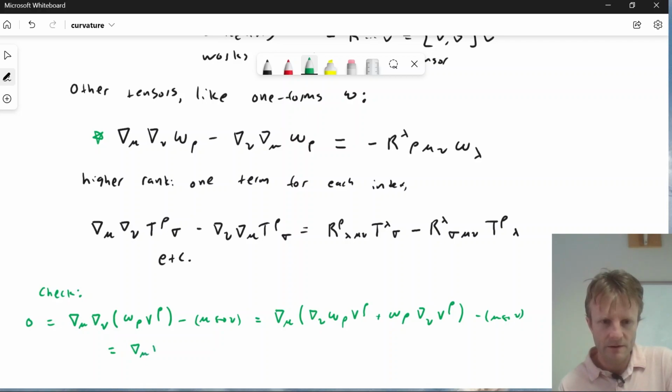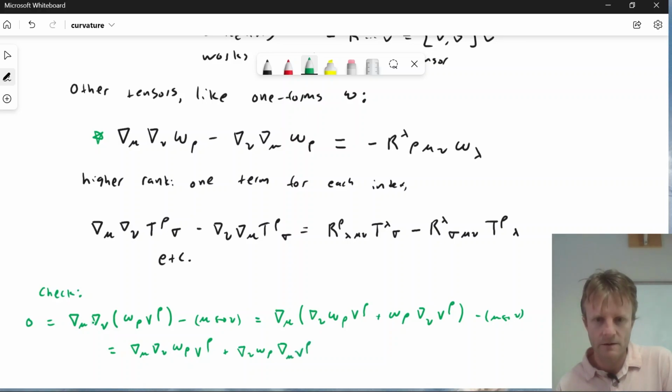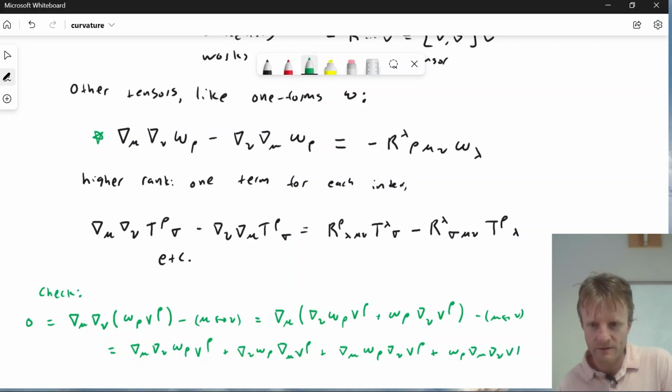Del nu omega rho v rho, so these derivatives are only acting on omega rho, plus del nu omega rho del mu v rho, plus del mu omega rho del nu v rho, plus omega rho del mu del nu v rho.